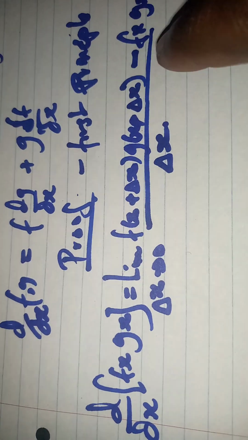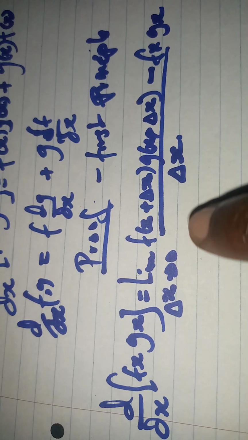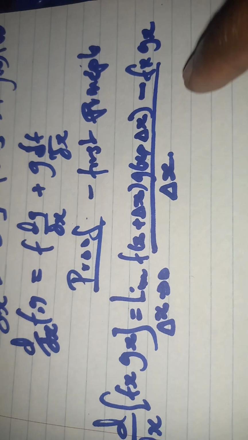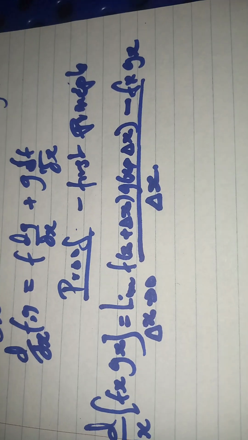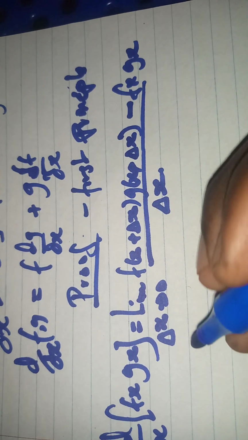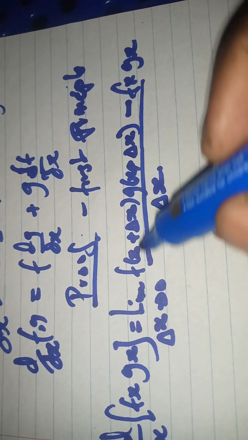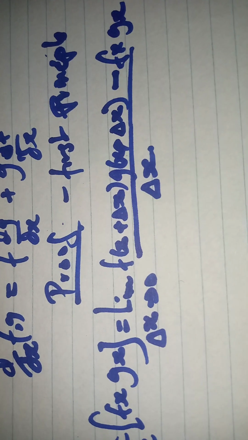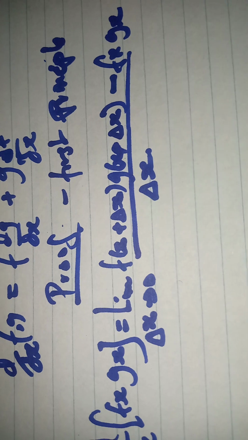So for me to solve this equation, I'm going to add and subtract certain terms in this numerator, and by doing that I'll factorize.